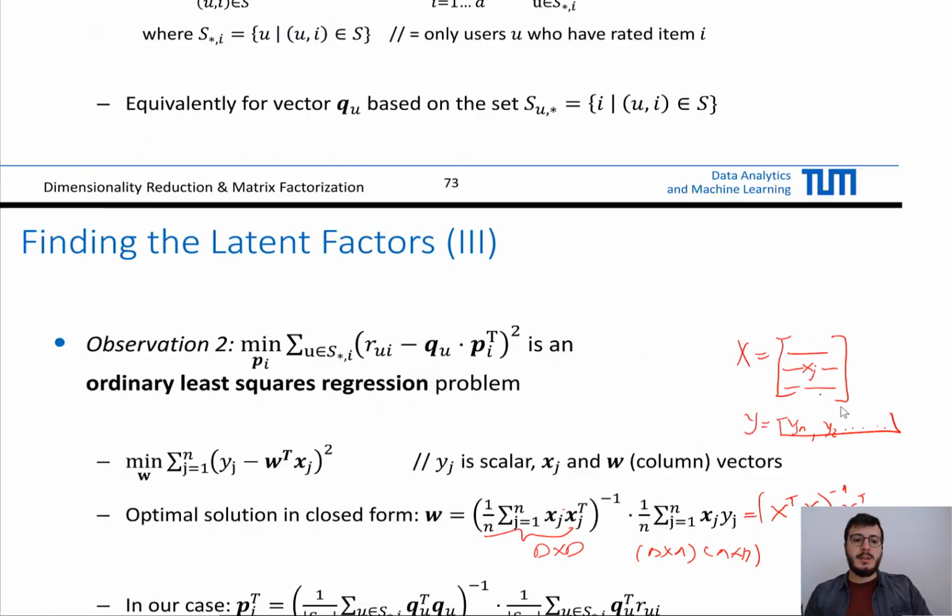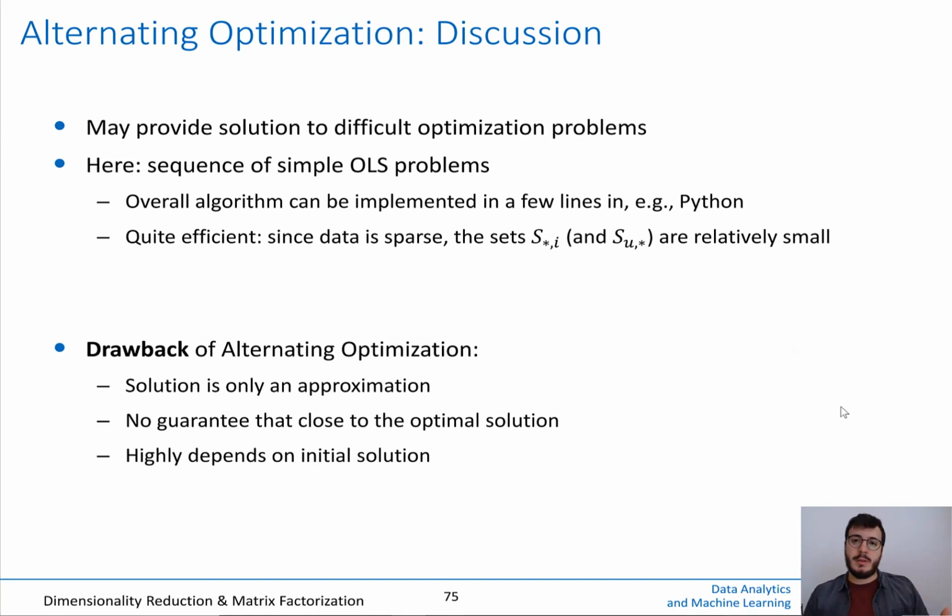In general, alternating optimization can be a very powerful technique because it allows us to take a complicated, potentially non-convex objective function and decompose it into smaller optimization problems which we know how to solve. In our case, these were simple regression problems which are very efficient to solve. And overall, this algorithm can be easily implemented, and it's just a few lines in Python. I think you're going to see this because this is part of one of the homeworks.